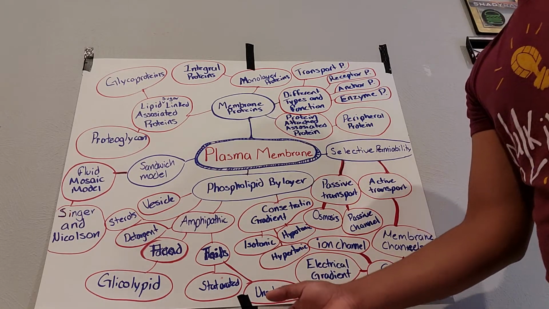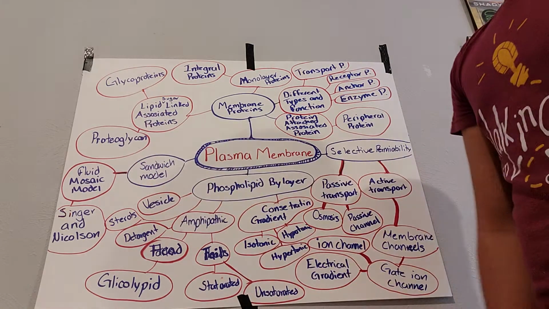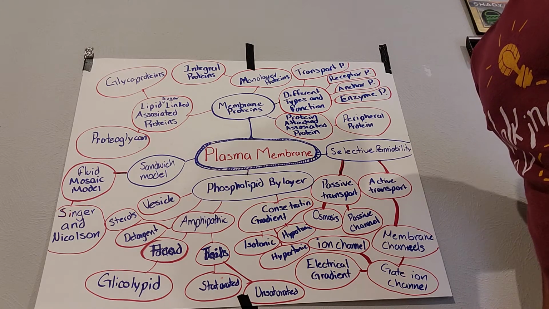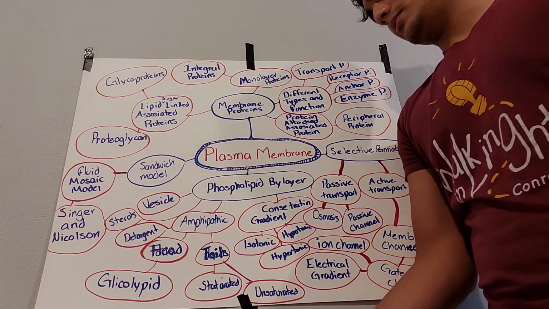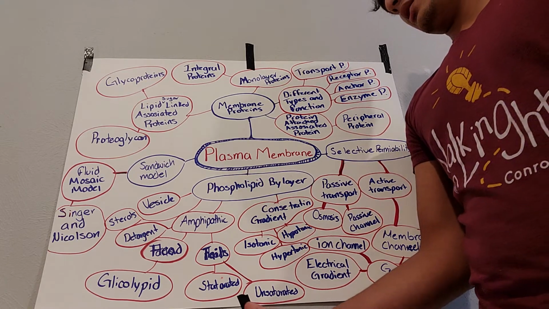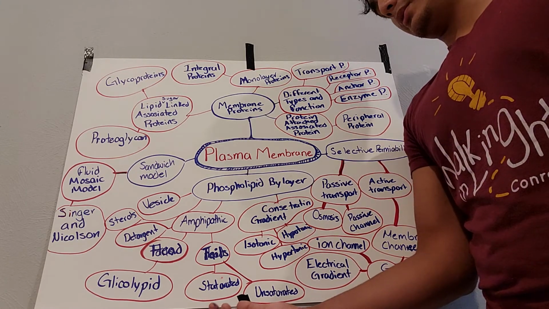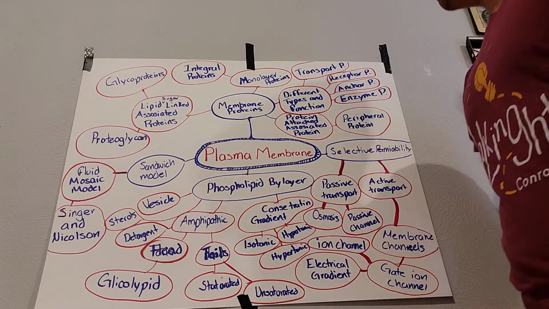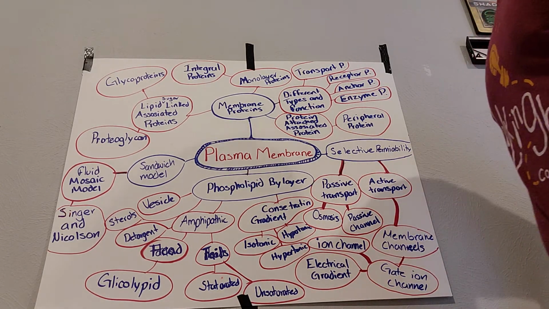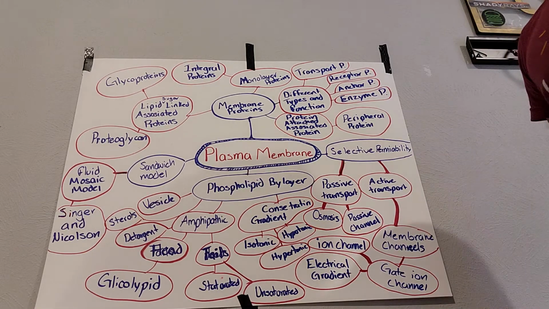They're not on the inside. And then also there are proteoglycans, which are proteins that have a lot more monosaccharides, called polysaccharides, which is around 20 or more monosaccharides. And yeah, that would be it.